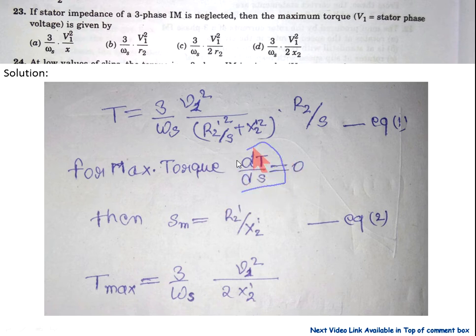After solving this equation, we get the slip at maximum torque, which is equal to R2 dash divided by X2. Now from equation 2, put the value of R2 in equation 1. After that we get the maximum torque, which is equal to 3 upon omega S multiplied by V1 square divided by 2 X2. So the correct answer is D.